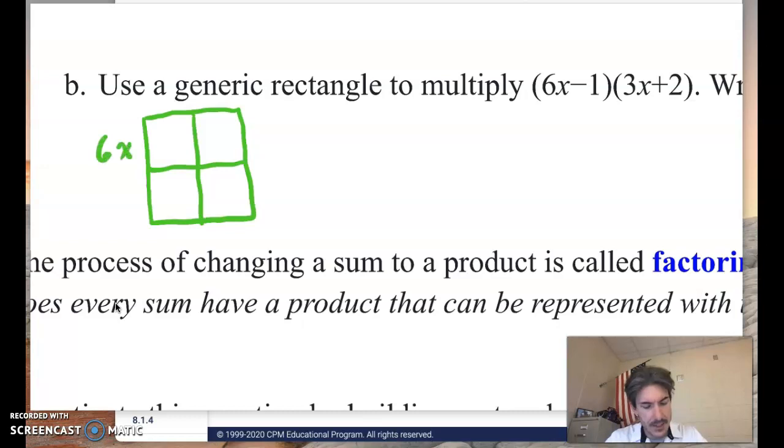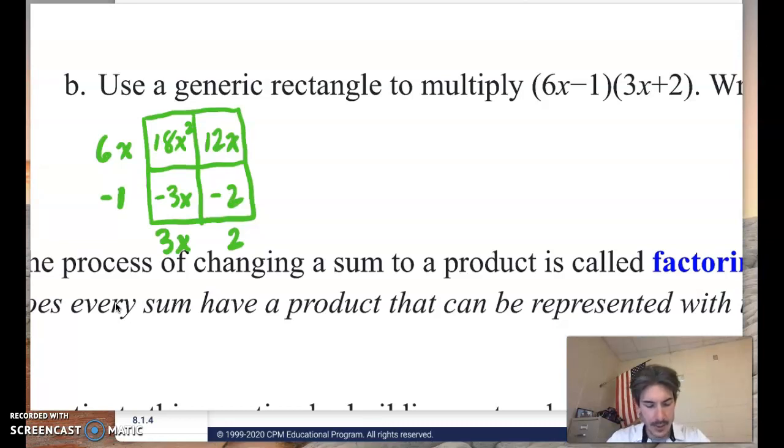I've got 6x and minus 1, and then 3x and 2. And I'll just multiply these things together. 6x and 3x makes 18x. Don't forget the squared. Negative 1 and 3x makes negative 3x. 6x and 2 makes 12x. And then, of course, negative 1 and 2 makes negative 2.